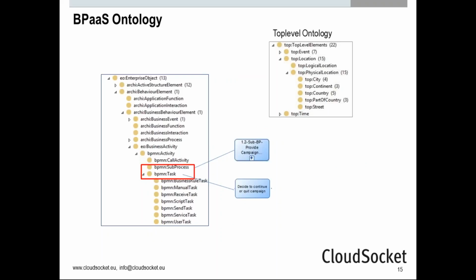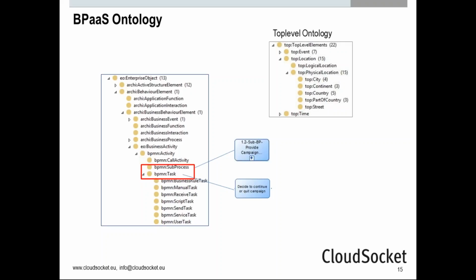Okay, and this is how the ontology looks in the tool. On the left, we see elements of the enterprise ontology, the BPAS ontology. So, for example, with the Archi name tag, this means that these are aspects and elements that come from Archimate, and then we have elements from BPMN, and they are integrated with the Archimate elements.